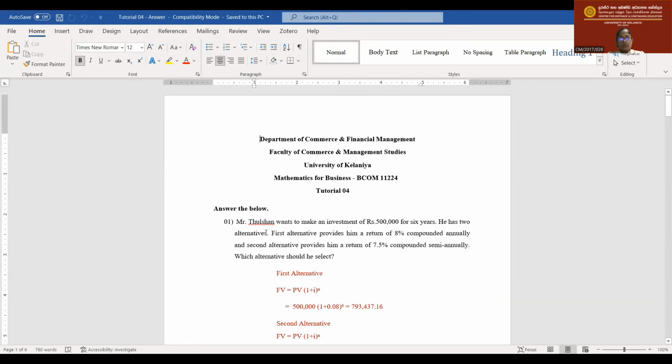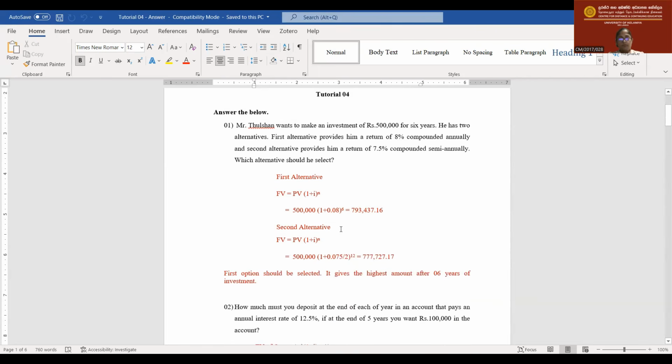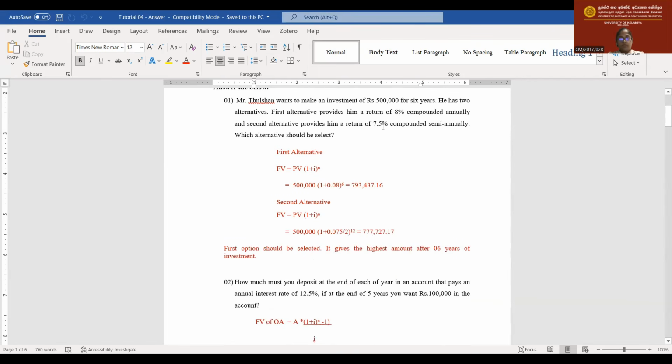The first question: Mr. Tulshan wants to make an investment of rupees 500,000 for 6 years. He has two alternatives. The first alternative provides him a return of 8% compounded annually, and the second alternative provides him a return of 7.5% compounded semi-annually. Which alternative should he select?